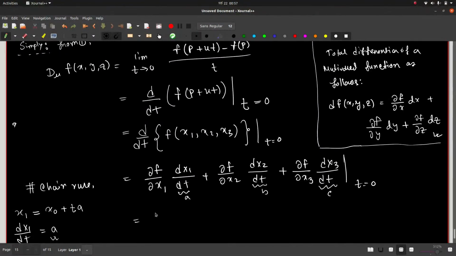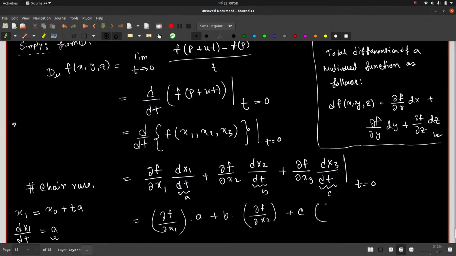So we finally have df of x1 multiplied with a, then b multiplied with df of x2, and c with df of x3. So if you can calculate partial derivatives, you can use that power to calculate directional derivatives as well. In fact, directional derivatives reduce to partial derivatives.